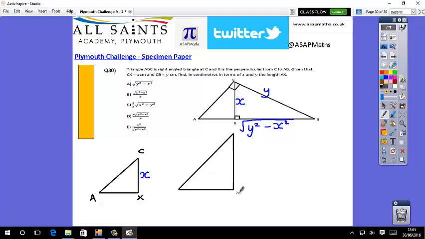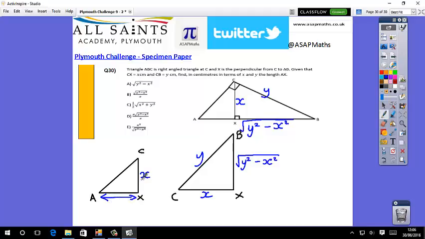So X is the right angle, C, that bottom corner, and B is here. So my hypotenuse goes along from CB. And let's label the sides that we have here. So I've got side Y, side X, and side square root of Y squared minus X squared. Okay, so I want to know AX. I want to know this length here.